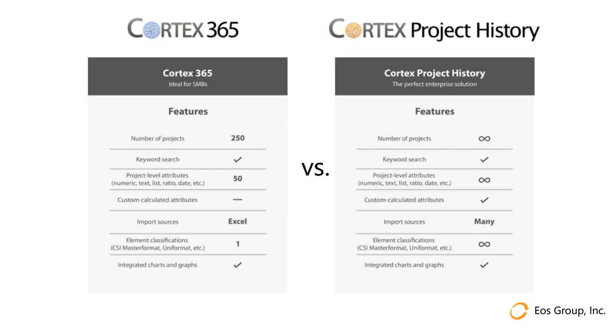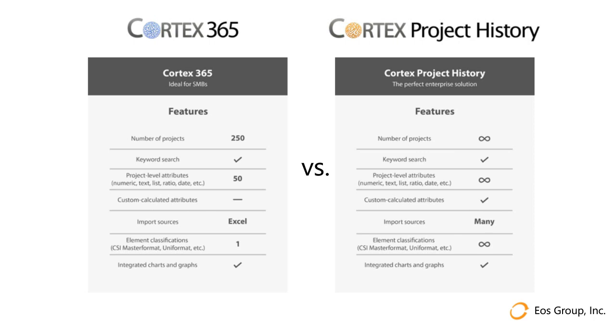Prior to Cortex 365, as I mentioned, we released our flagship history product, which is Cortex Project History. It's designed for enterprise organizations, and while 365 has been developed to provide these capabilities for smaller firms, I wanted to outline some of the high-level differences. If it becomes apparent over time that the 365 group wants to move to an enterprise solution, that migration is very easy and can be done.